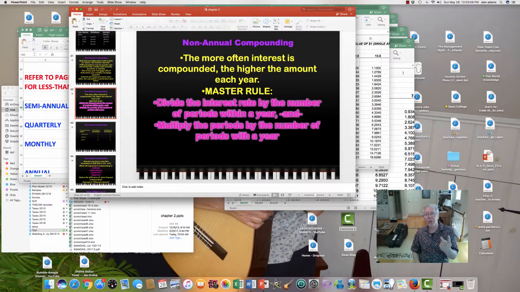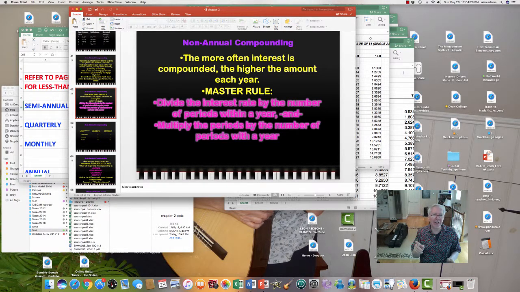There are 2 semi-annual periods in a year, half-year increments. So you're going to take the annual interest rate and divide by 2. You're going to take the number of periods and multiply by 2. What if it's a quarter? You're going to take the annual interest rate and divide by 4. You're going to take the number of periods and multiply by 4.